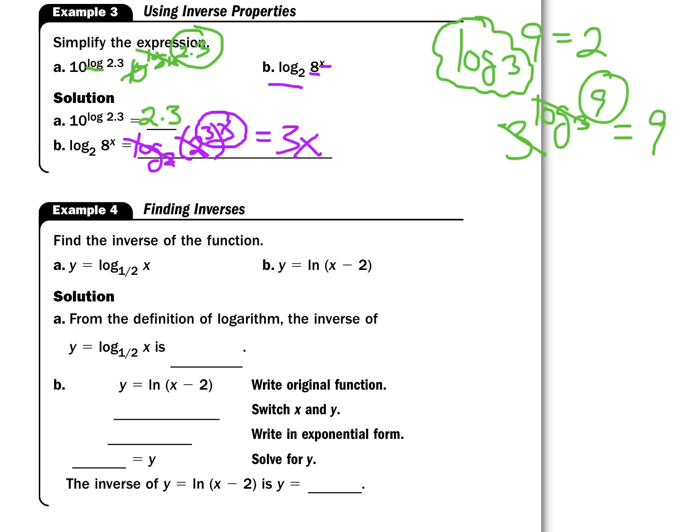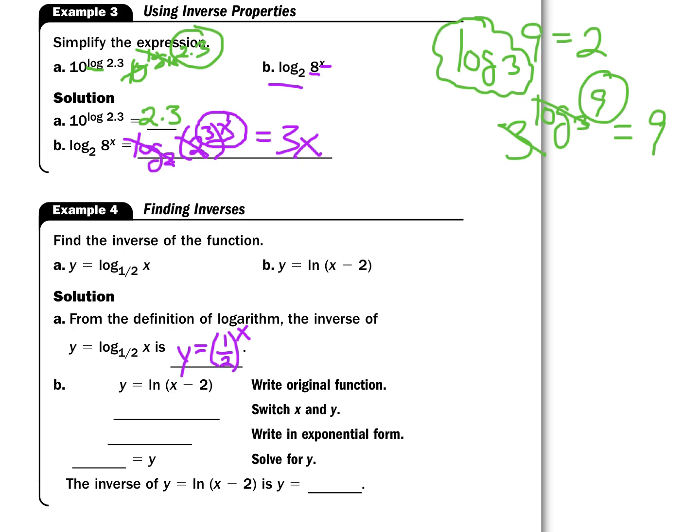All right, and then example 4, finding inverses. So to find the inverse of the function, by the definition of a logarithm, the inverse of y equals log base 1/2 of x is y equals 1/2 to the x power.